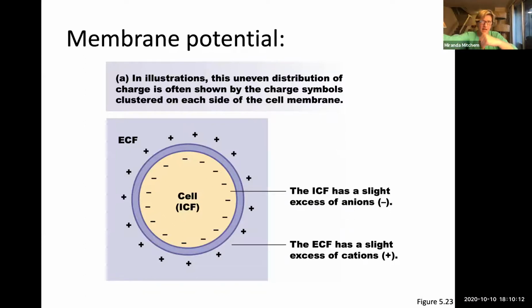Because the extracellular environment has an excess of the cations, the positively charged molecules, they are attracted to the negative inside of the cell. So it is that opposite charge interaction that helps to establish the resting membrane potential. The inside of the cell has more of the anions, the negatively charged, where the outside is cations that are positively charged.